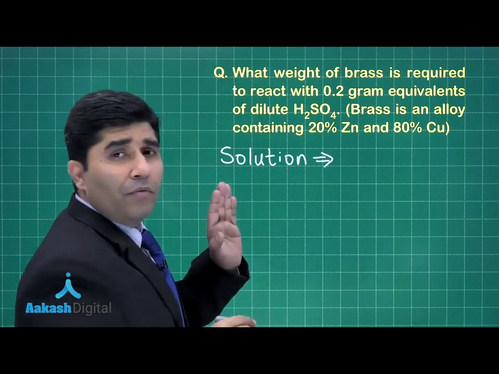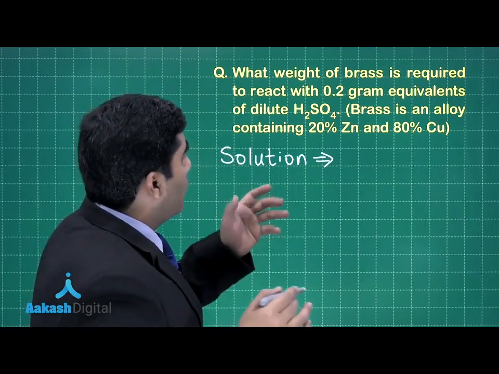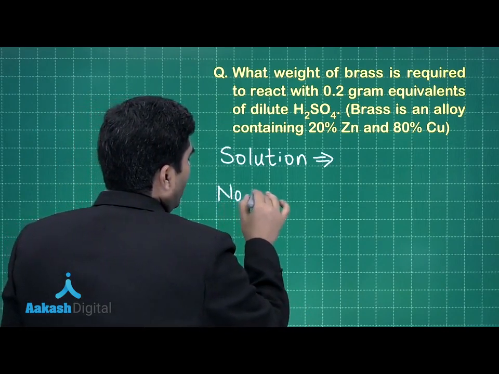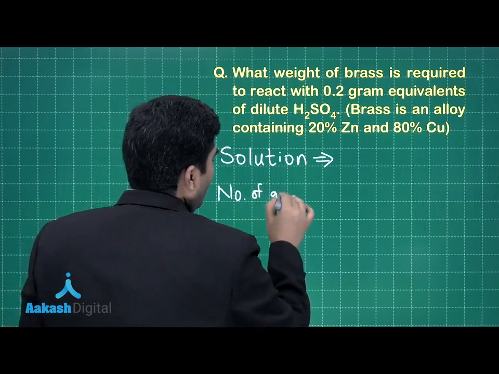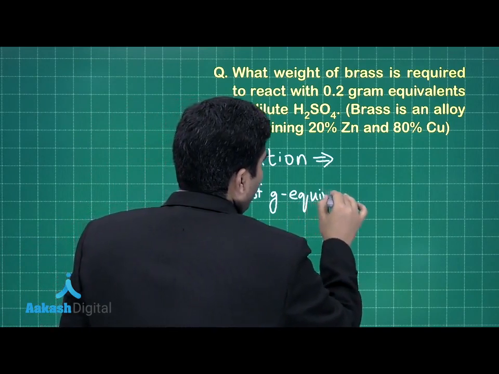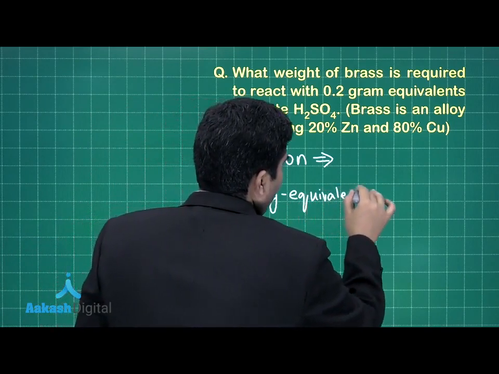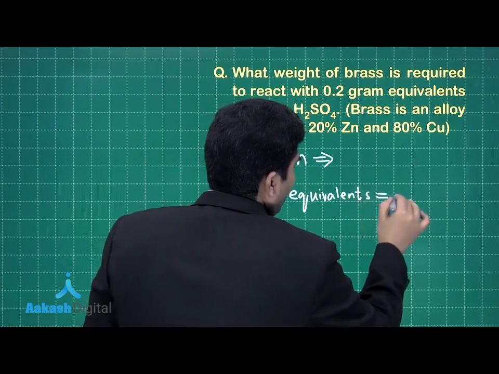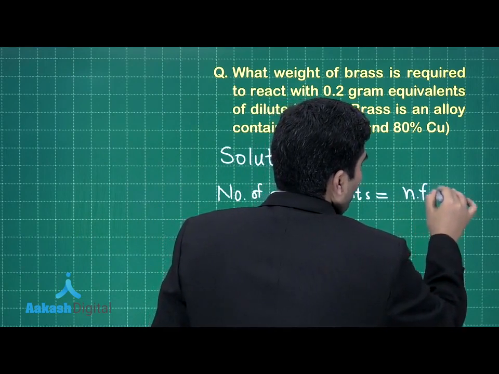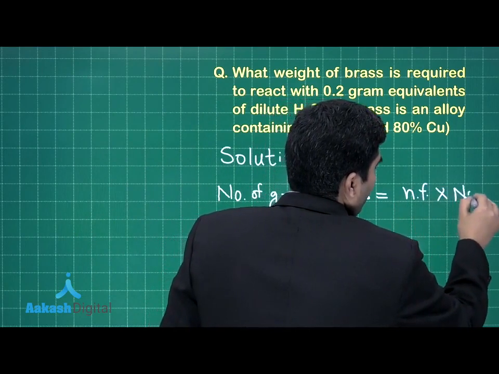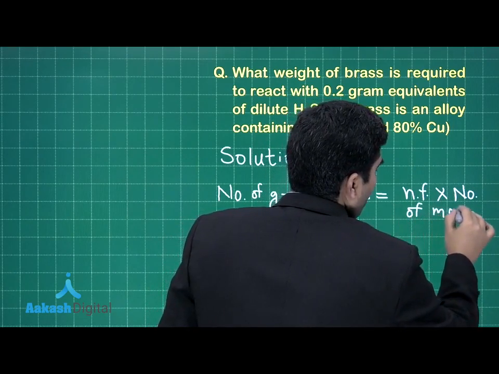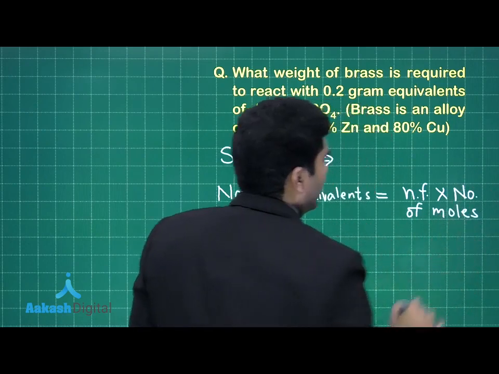Now, first we have to convert the number of gram equivalents to the number of moles. So we know that the number of gram equivalents is equal to the n factor multiplied by the number of moles, right?